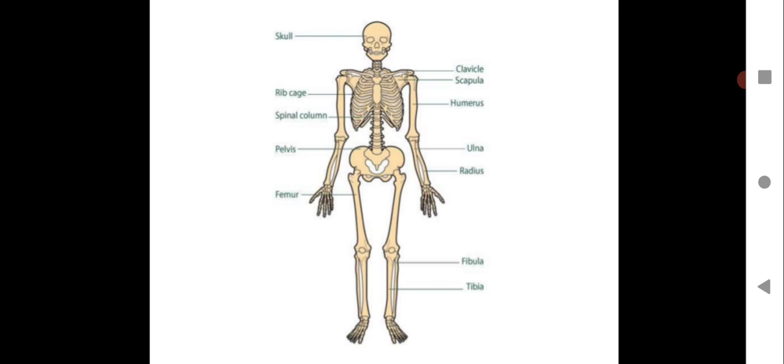You have to learn that labeling. I repeat myself, please take a printout of this diagram and stick it in your notebook. Learn all the labels of this diagram, that is the different types of bones present in the human skeletal system.